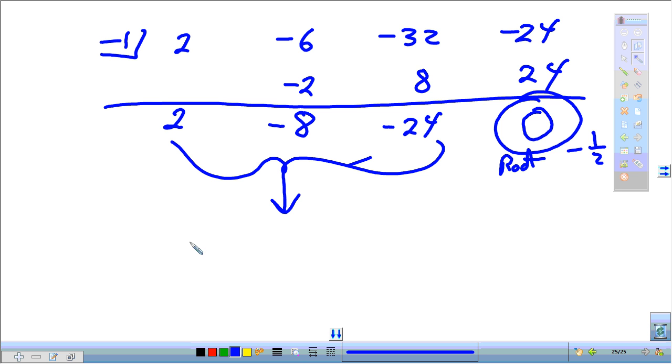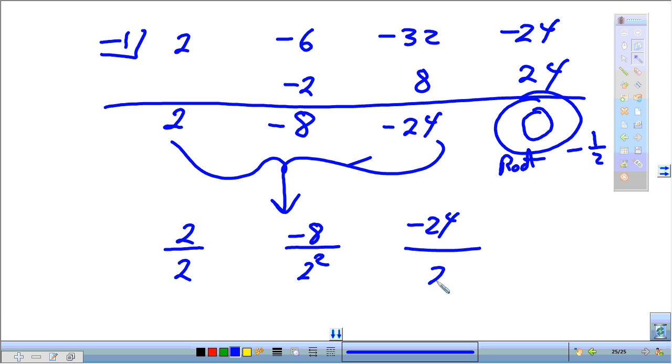Now I divide. So I take these coefficients, 2, minus 8, minus 24, and divide out 2, 2 squared, 2 cubed. Okay.